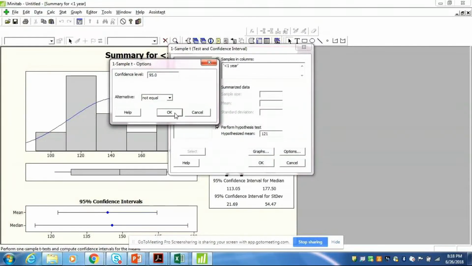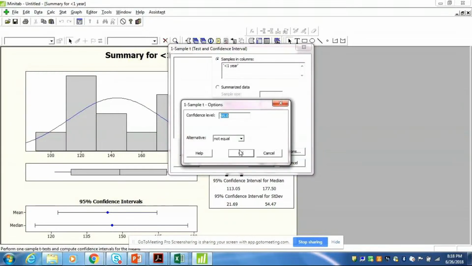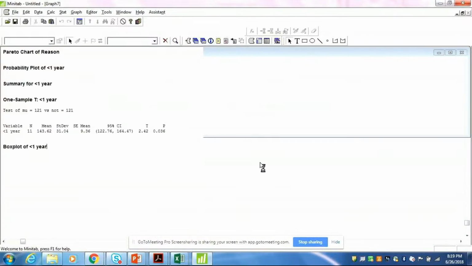What we are checking right now is if the current sample mean is not equal to the hypothesized mean. Okay, you can go to graphs as well and click on box plot of data. You done that? Click on OK.